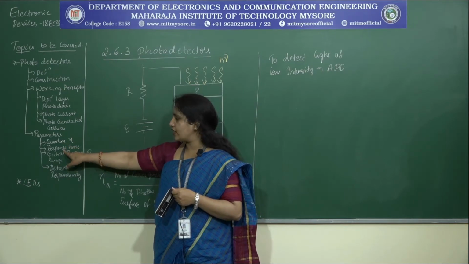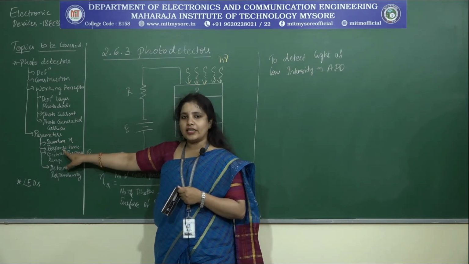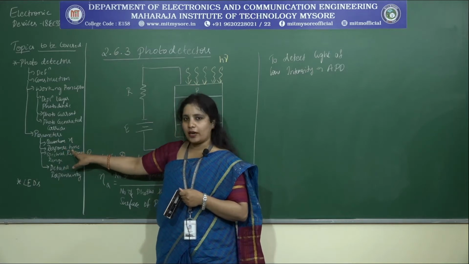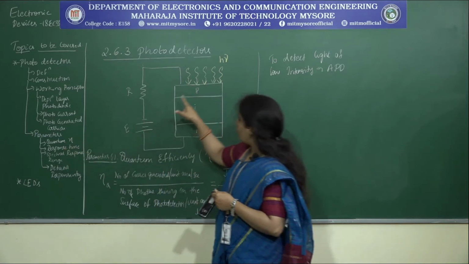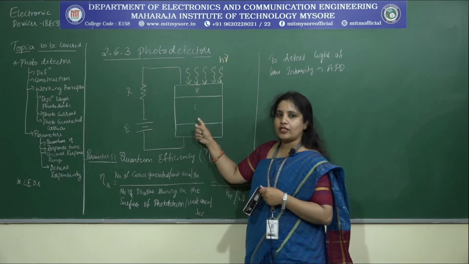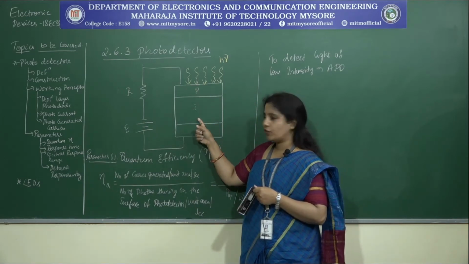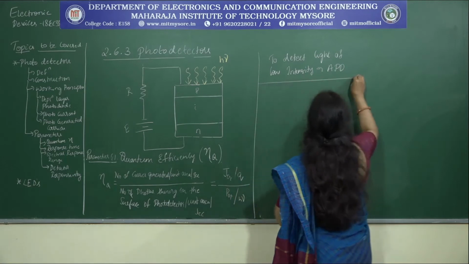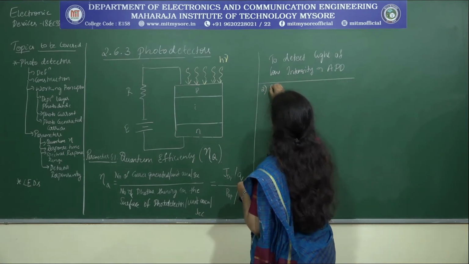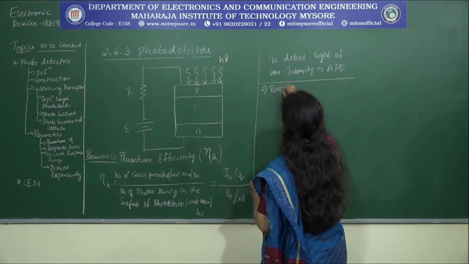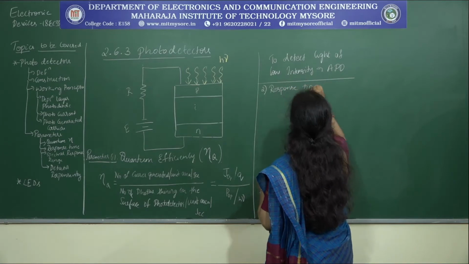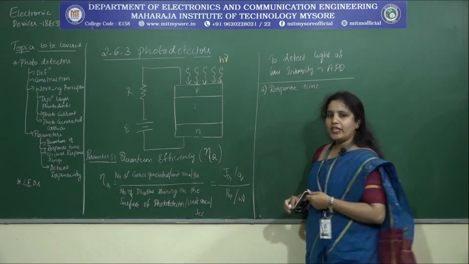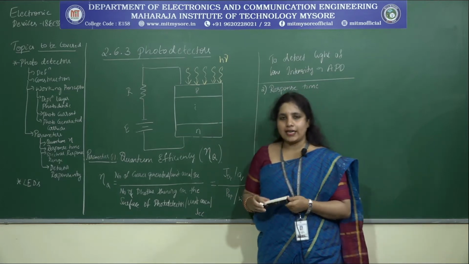Now, let us look into the second parameter, which is response time. In order to understand this response time, we will also be covering why the width of the intrinsic material is widened. Now, what is the meaning of response time?